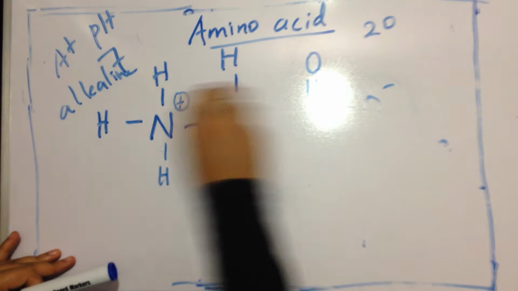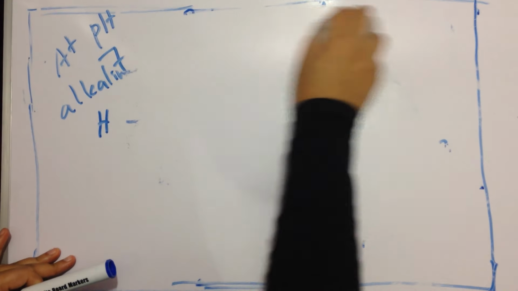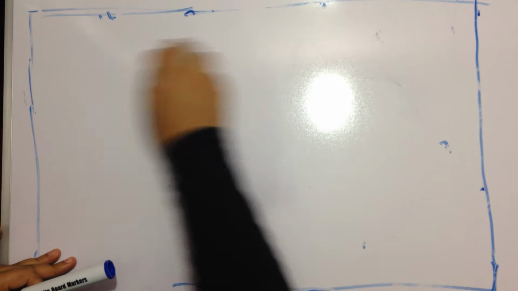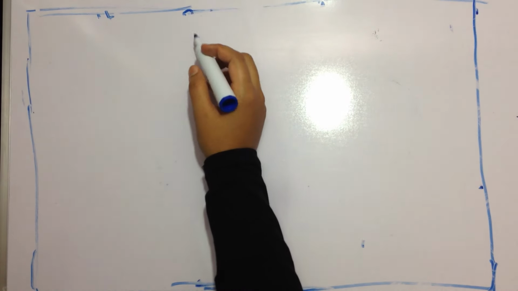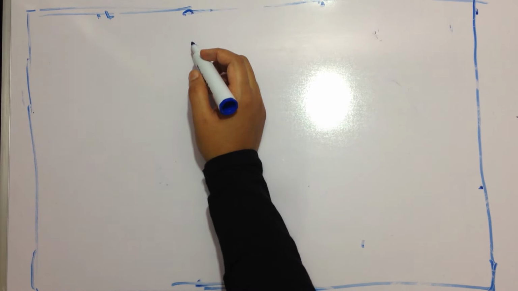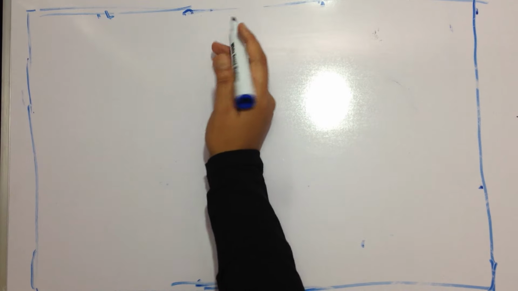Now, as I said earlier, amino acids are the building blocks. They form a polymer.